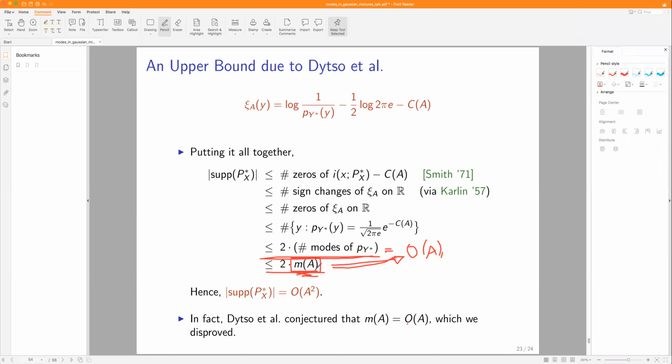This is a tough optimization problem. If you fix the number of centers, it's a convex problem: where to place those centers to get the number of modes. But here you can place as many centers as you want, so you have a bunch of different optimization problems: number of centers equal to 10, 20, and so on, and you have to keep increasing the number of centers till you get to the maximum value.